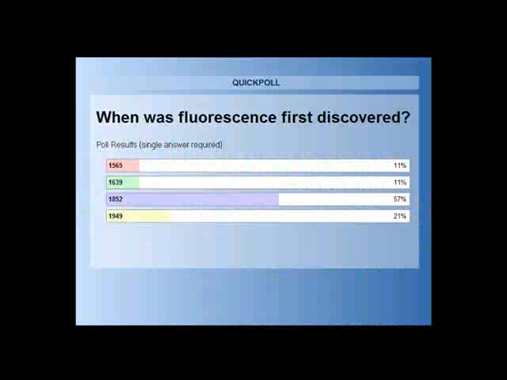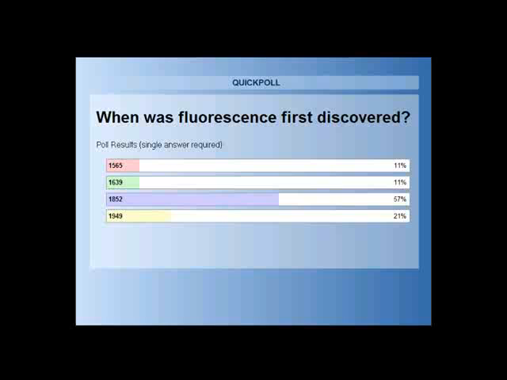If you answered 1565, you are correct. In 1565, Nicolas Menardez, who was a Spanish physician and botanist, first discovered the red glow coming from leaves, and he called this red glow luminescence. Later on, probably a more prominent researcher named Stokes in 1852 is the one who actually coined the term fluorescence.